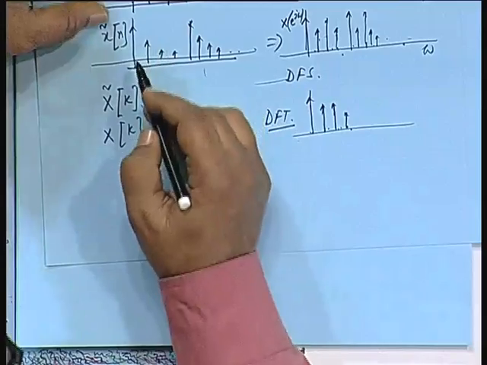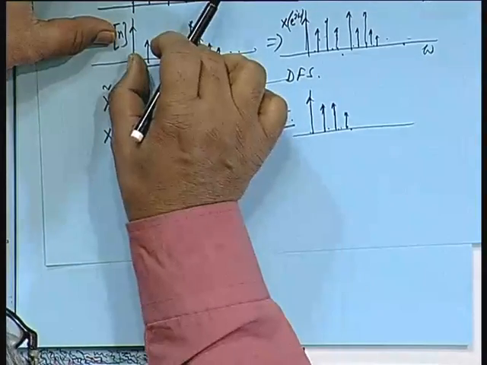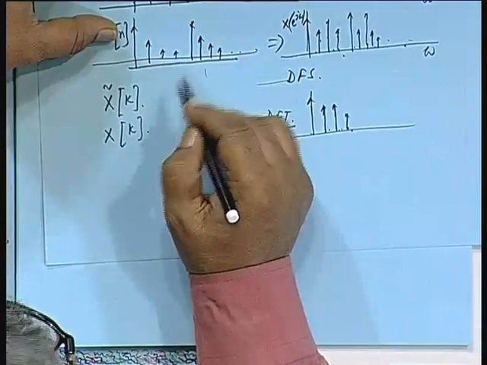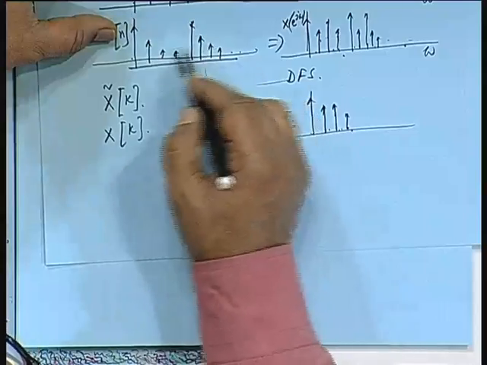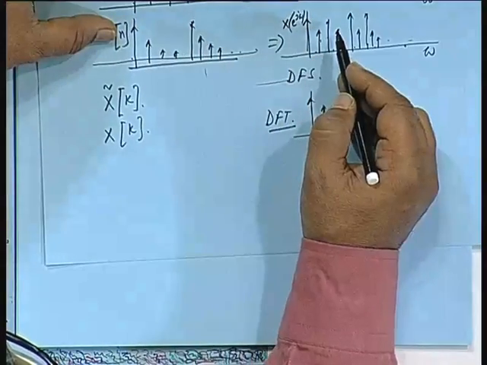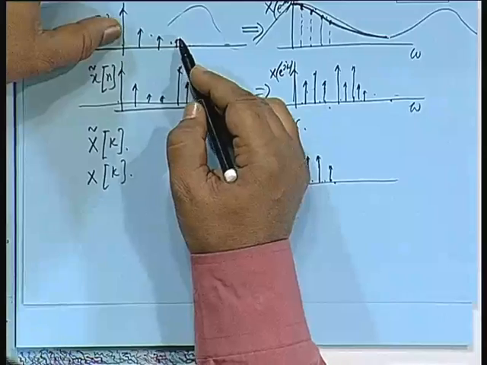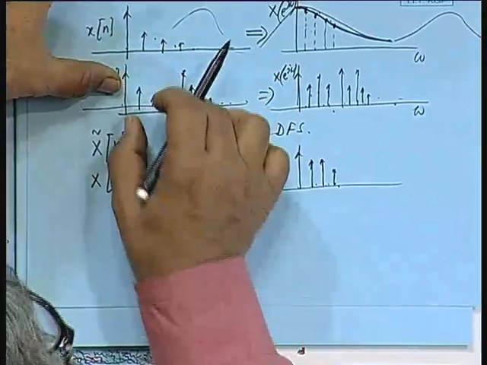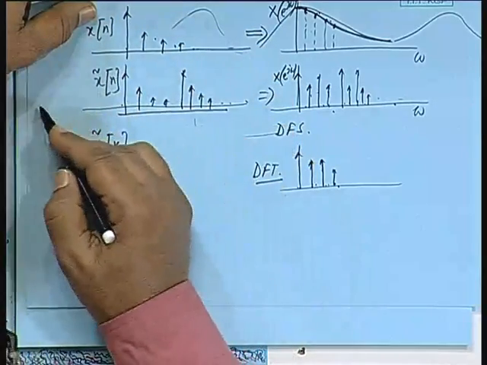So, we are considering a discrete Fourier series, that is we are taking one sequence, padding it with a sufficient number of zeros, we will see how many zeros are required minimum, and then we are creating a periodic sequence. Now, we started off with a causal sequence, now we are going to a sequence where only a part of it is this sequence. So, that one is a periodic sequence.